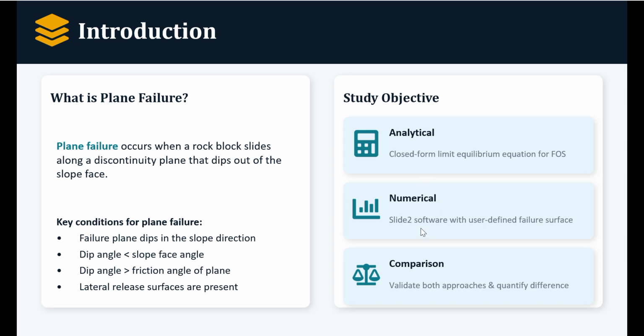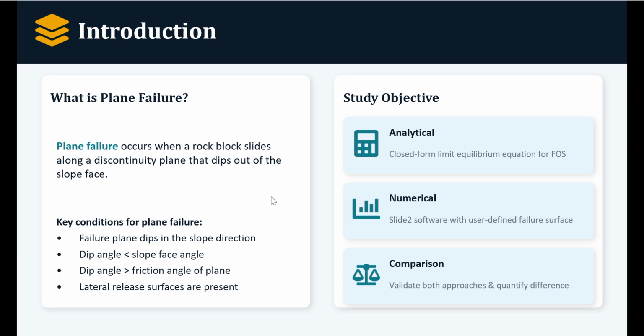In the Rocscience software there is Slide2. Slide2 works using the formulas of the finite element method, that is a numerical method, which I will use, and after that I will compare the results of the analytical method and the numerical method. Then the task will be completed.